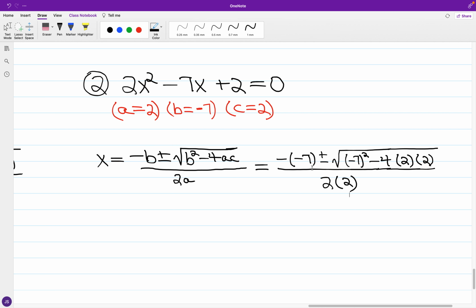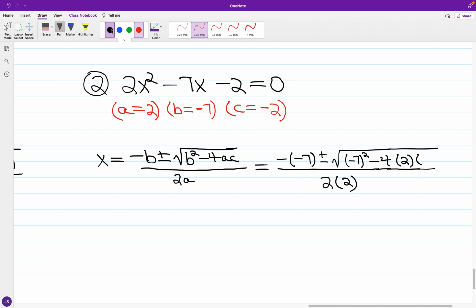Just to change one other detail, and this will not have much impact, say I have 2 negative terms in the mix. So you have 2x squared minus 7x minus 2. So a is at 2, b is at negative 7, and we'll say this time that c is at negative 2.